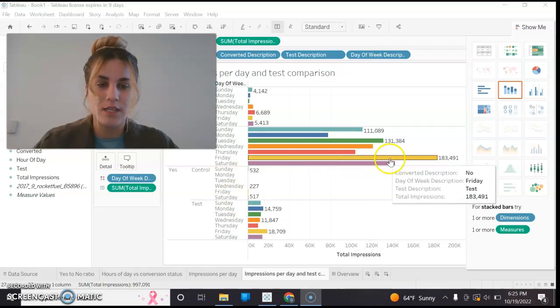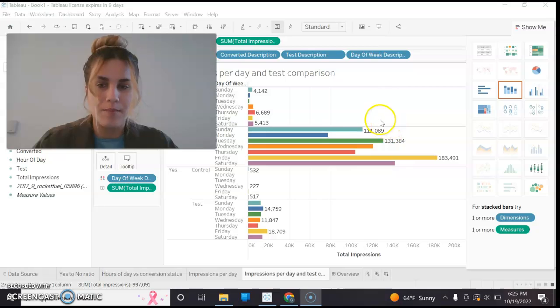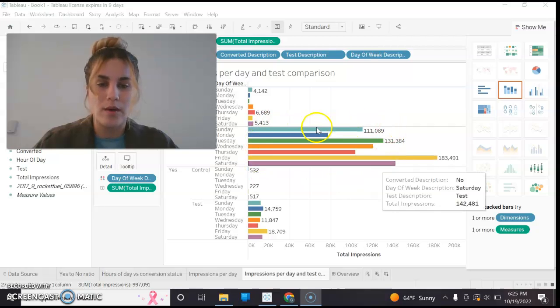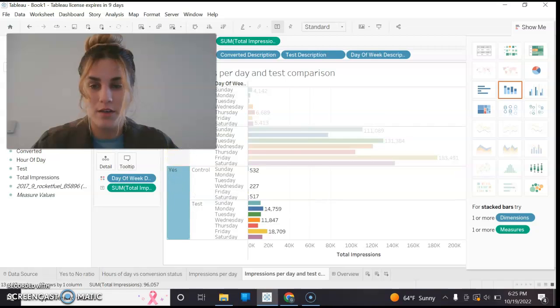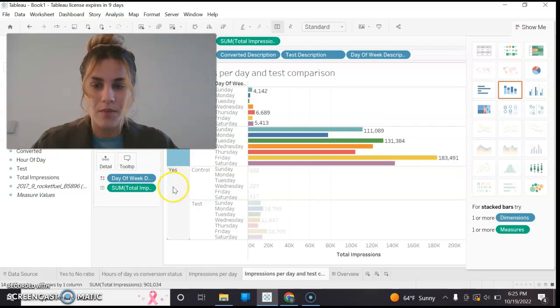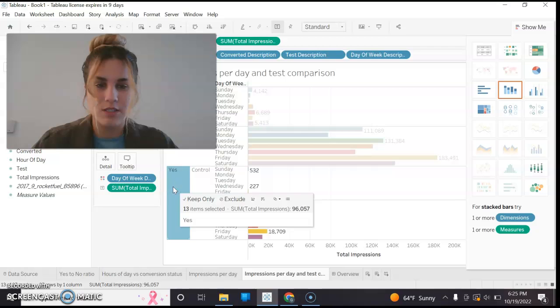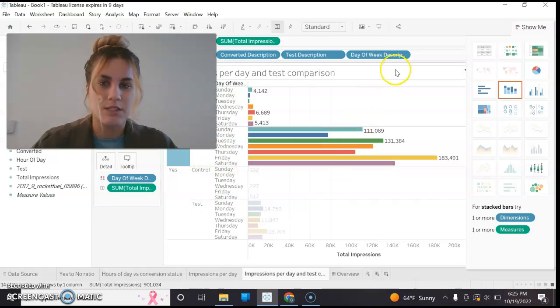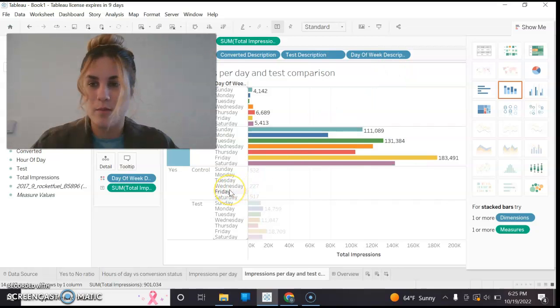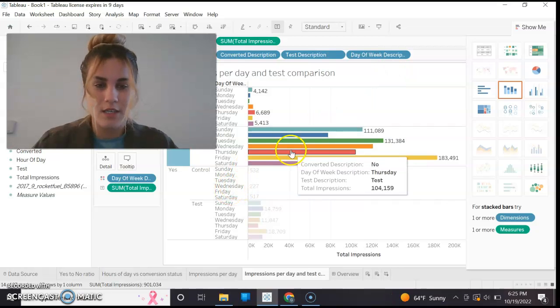Over here we can easily perceive how the people that were exposed to the advertisement had more impressions than the ones exposed to the control group, and then we can see the ones that converted and the ones that didn't convert. The good thing about Tableau is that it lets you exclude and include, or focus on a specific target depending on what information you want to extract and for what end.